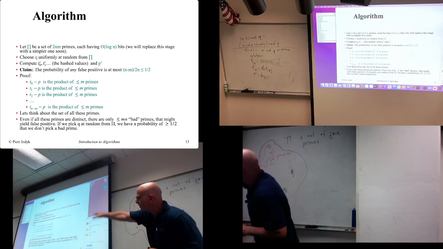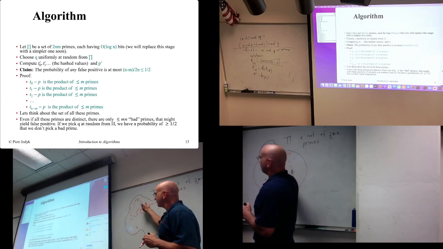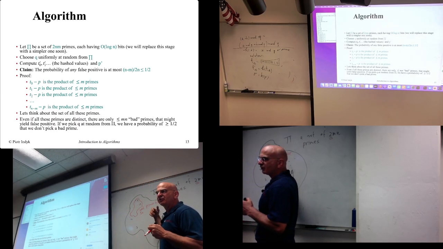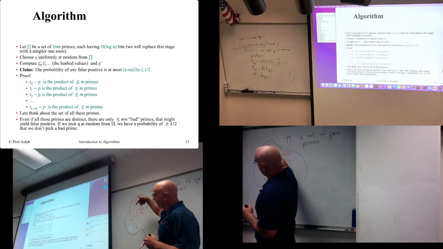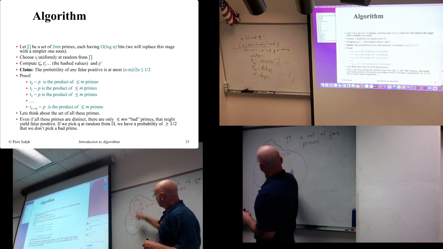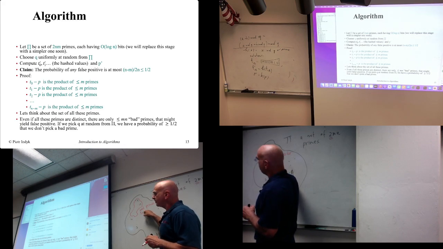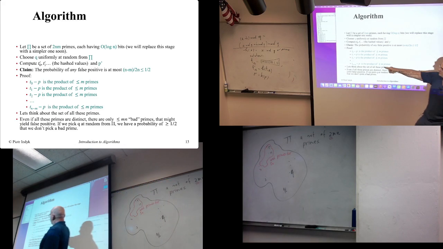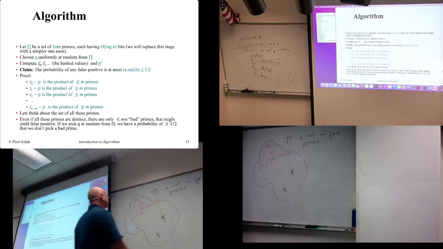I said I first generated all these numbers and then I pick q. That's not how the algorithm works, but conceptually let's assume that I'm doing it. I generated all these numbers and then I pick q at random. So here are all the primes that participate in the prime decomposition of t of s minus p.